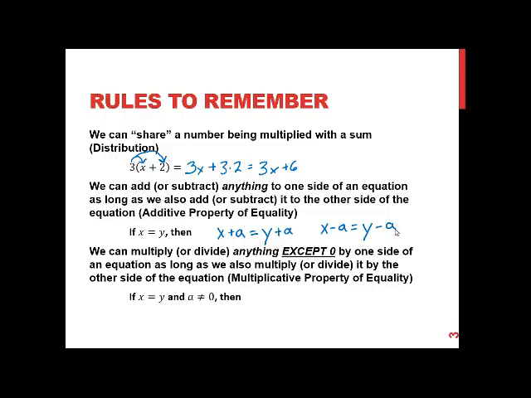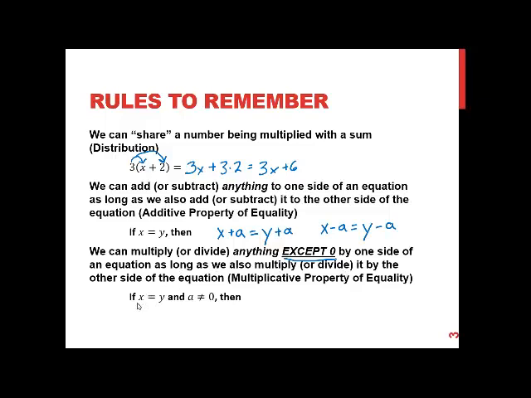Similarly, we have the multiplicative property of equality, or the multiplication property. We can multiply or divide anything except 0 by one side of the equation, as long as we also do the same thing to the other.